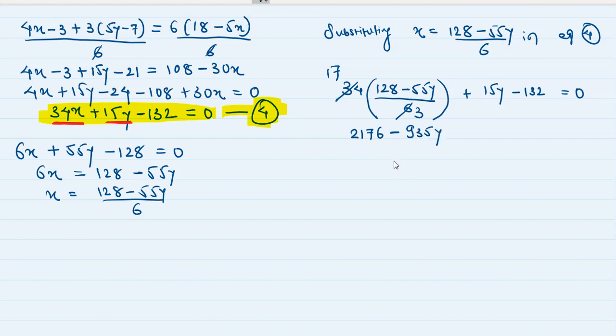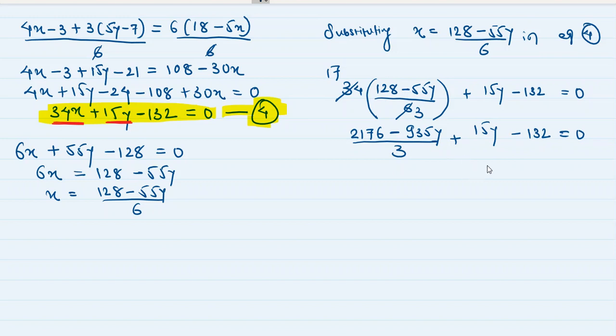17 multiplied by 128 is 2176. 17 multiplied by 55 is 935. The whole upon 3 plus 15y minus 132 is equal to 0.